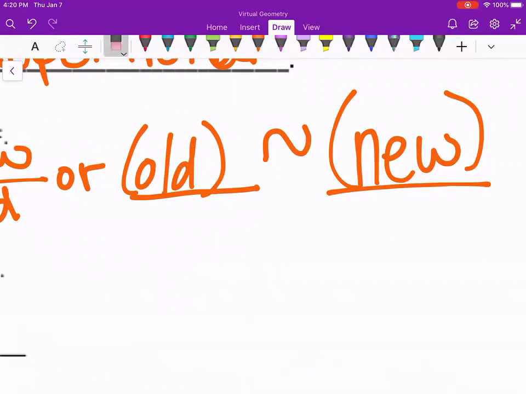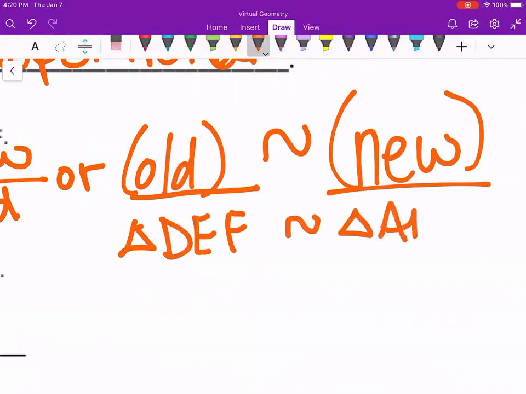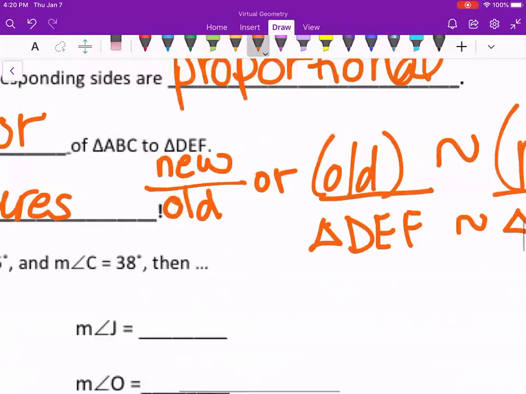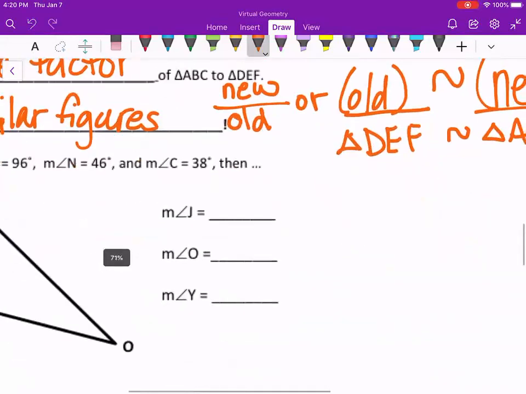So in this case, our triangle DEF is similar to triangle ABC. Now, in another unit later on, we will get more in depth on scale factors, but for right now, this is what we want to use when we're dealing with similar figures.